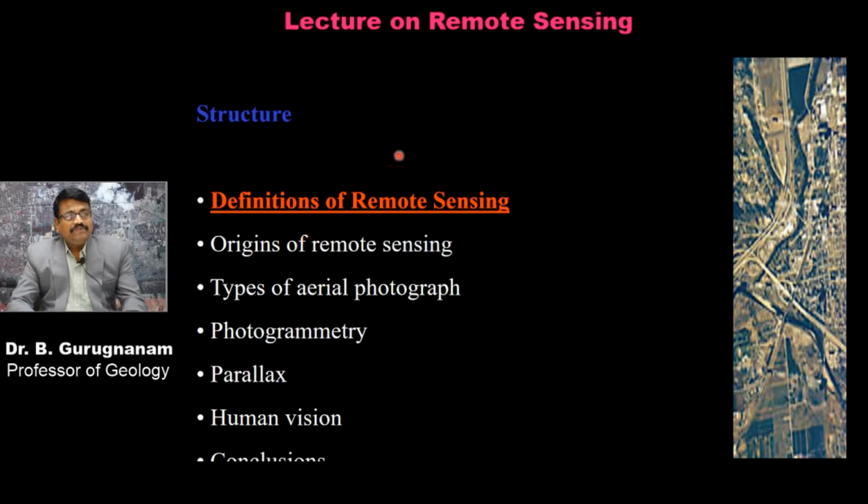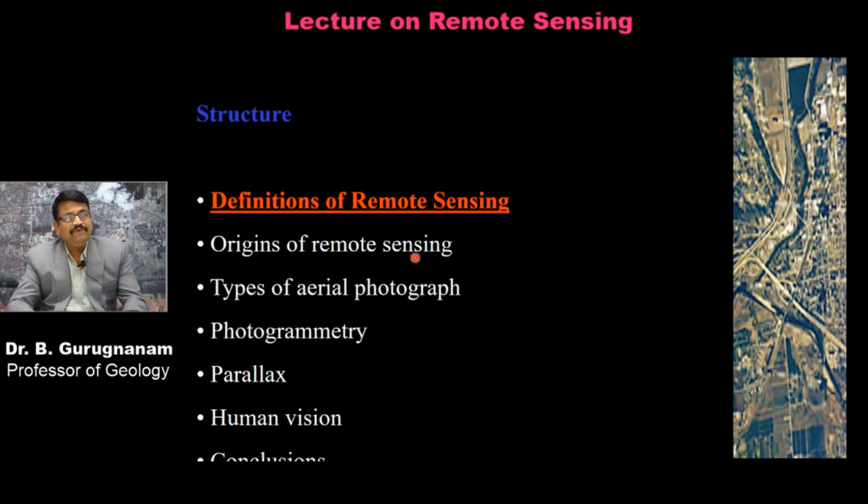I would like to discuss the present lecture in 8 different modes: by defining what remote sensing is, by tracing the history of its origin, and explaining the types of aerial photographs. Of course, I practice aerial photograph interpretation as well as satellite data visual interpretation.